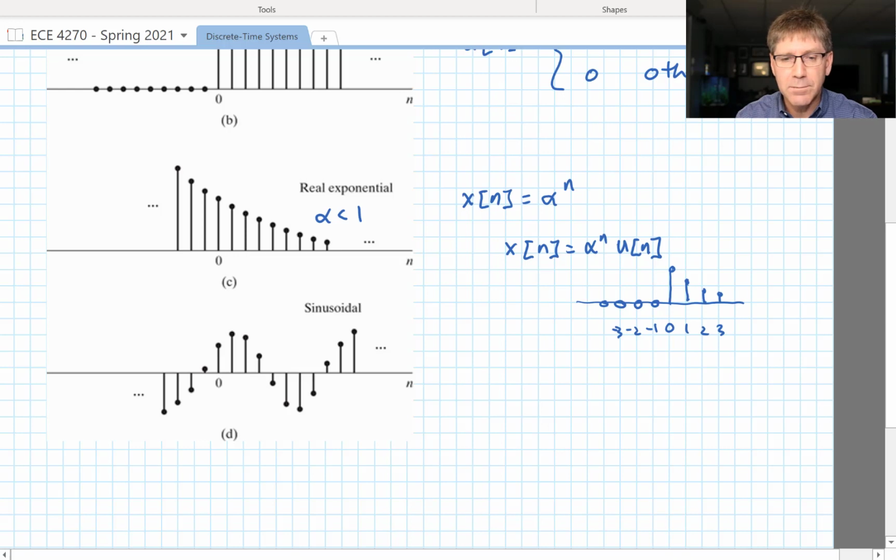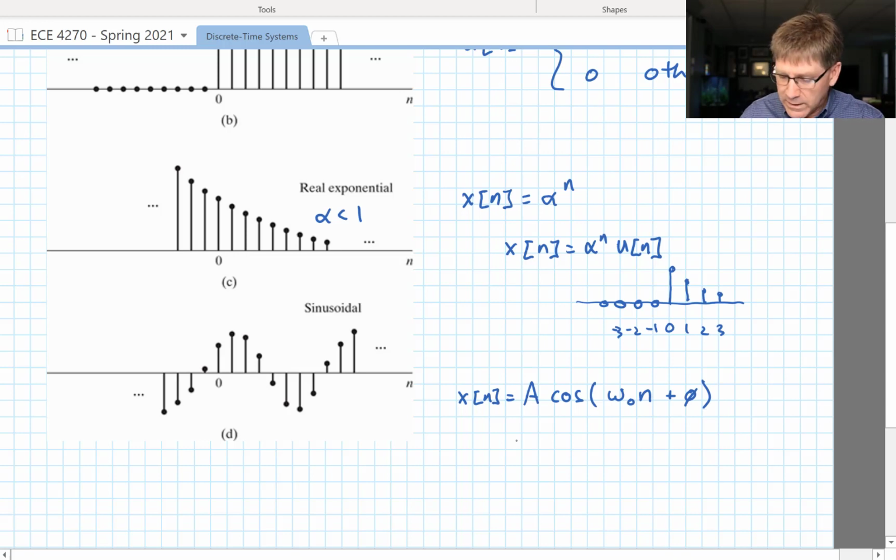Okay, a sinusoid, another function that we will use quite a bit. This is a cosine. Omega naught would be the frequency times n, and then phi would give us a phase shift.